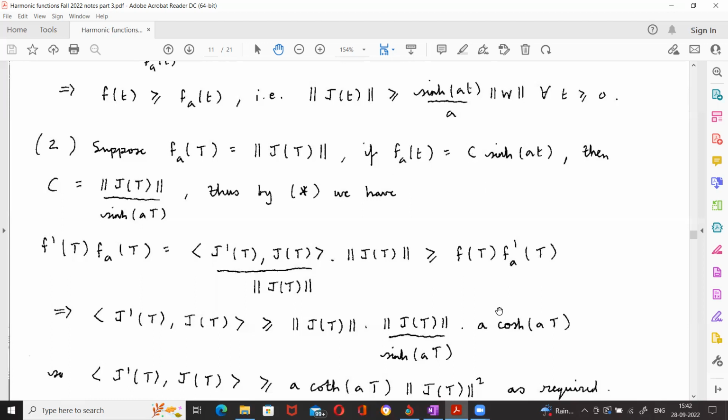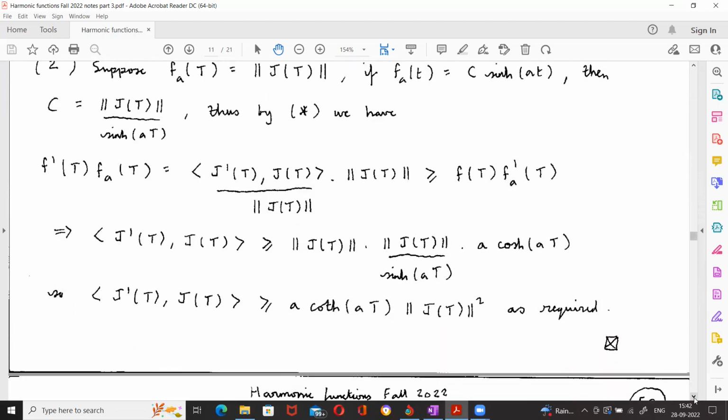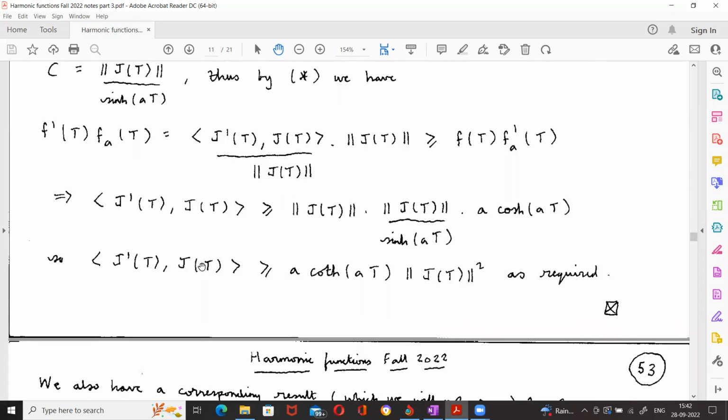If this is FA, then this is FA dashed. And so finally, what do I get? I get that inner product J prime J is greater than or equal to A coth at into norm JT squared. Is this okay? Yes.